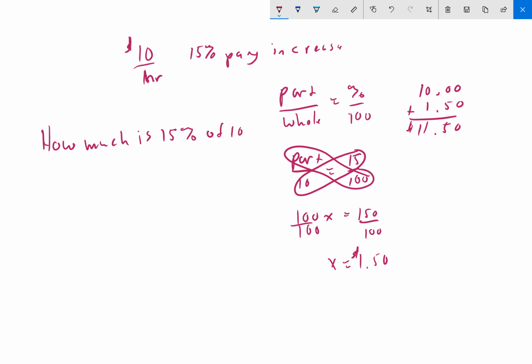And once again, using the part over whole method, you can now see this is where writing out the problem again makes sense. You can see that was my whole thing. That is my total. And that's why it goes down. It's x over 10 equals 15 over 100.